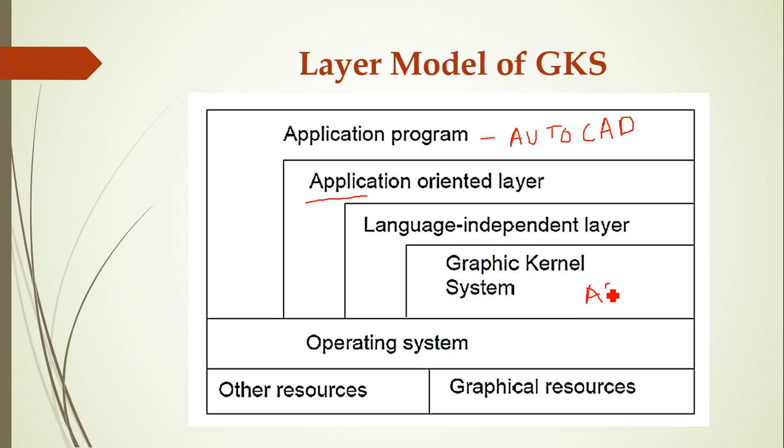This code might actually be in the form of some numbers. We'll discuss that in the following slides. These numbers are again transferred to your application program such that your application program could display the command L which is given by you as a line, and the annotation A which is given by you as text.